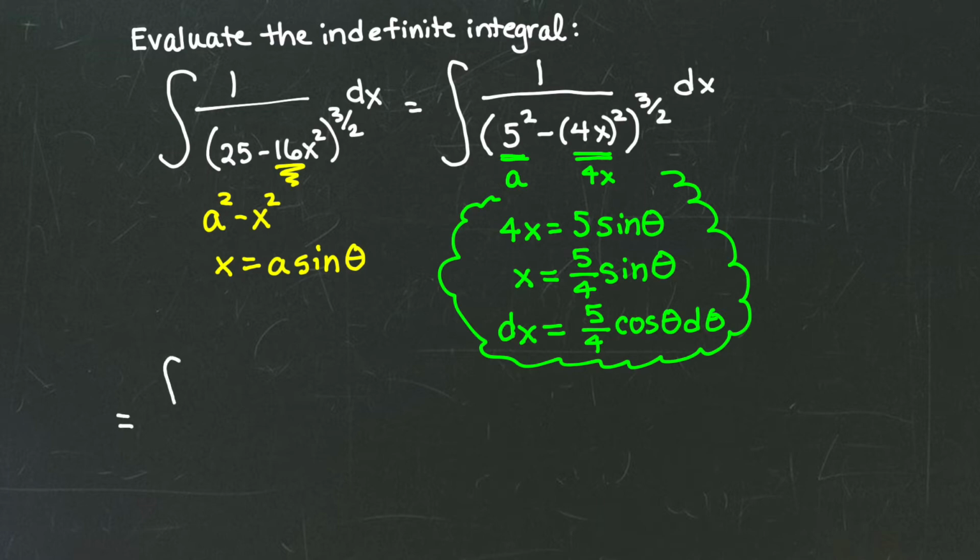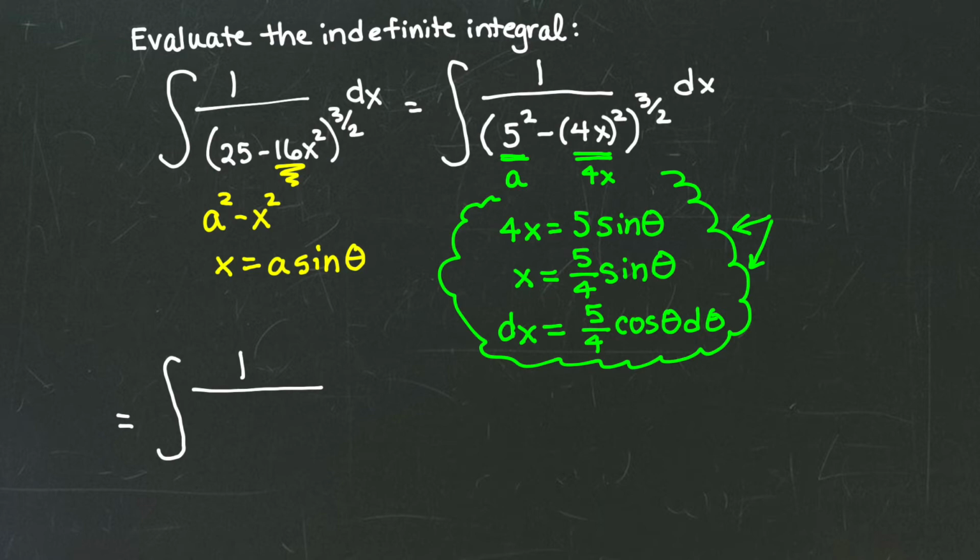So we have the antiderivative of 1 over, and now I'm going to make my conversions, okay? Everywhere that I see an x, I want to replace it with 5/4 sine theta. Everywhere I see a dx, I want to replace it with 5/4 cosine theta d theta.